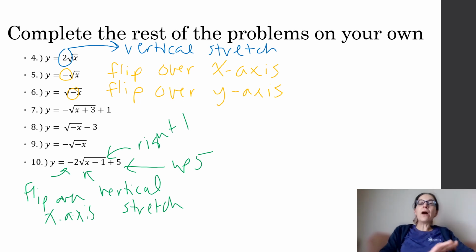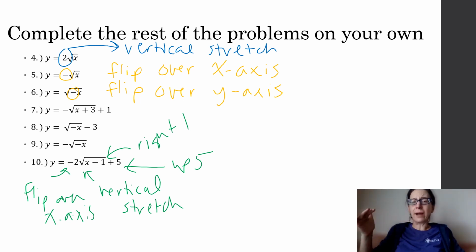Okay, so if you're doing this from home and you think you have it, but you've got a question about, say, number 8 or number 7, and you'd like to ask me, you guys know how to reach me. I will be more than happy to go over any of these with you if you're not confident that you've got down how the different transformations work.